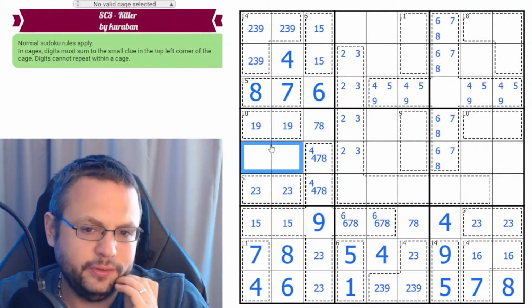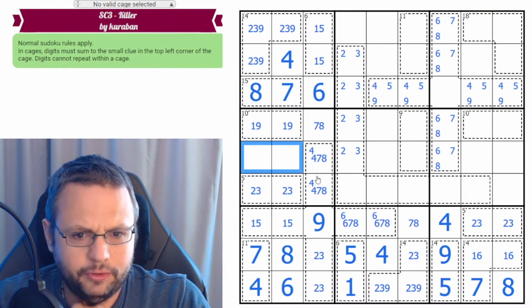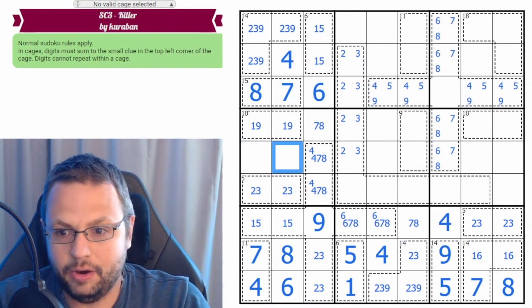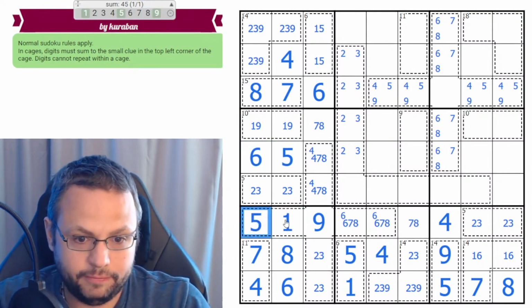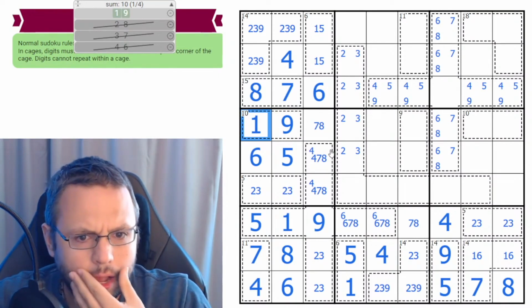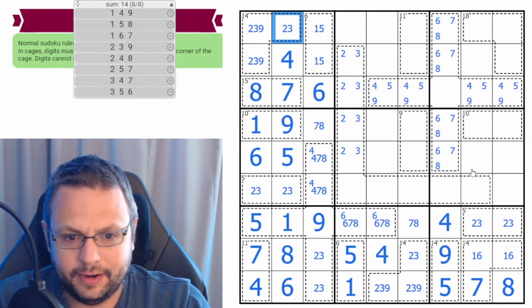So these 2 cells are now just continuing to Sudoku along. I've got 1, 2, 3, 4. These are a 5 and a 6, and they go in this order. That resolves the 1 and the 5. The 1 resolves the 9 and the 1. That 9 says that's not a 9.